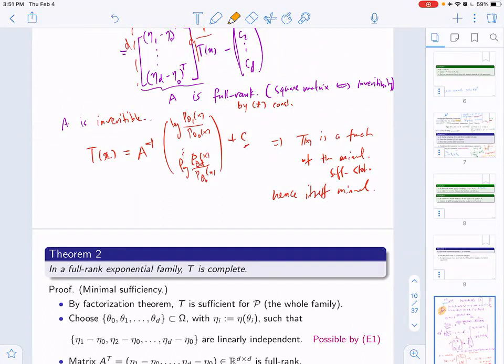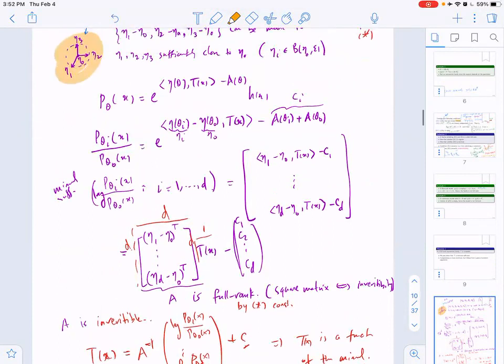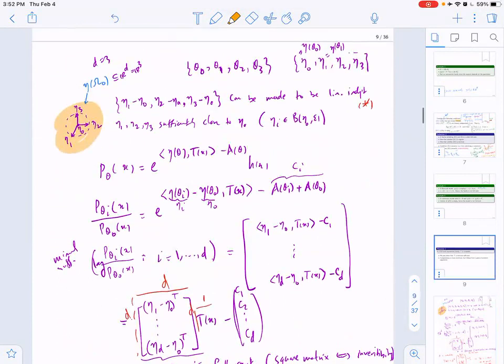Questions? Are there restrictions on the function eta? Because if eta is just a constant function, then we don't necessarily have this full rank assumption. That's a good question. So can anyone answer that question?